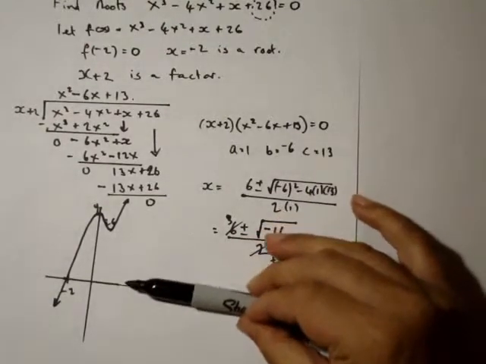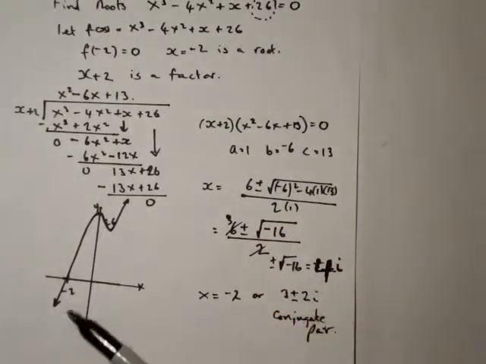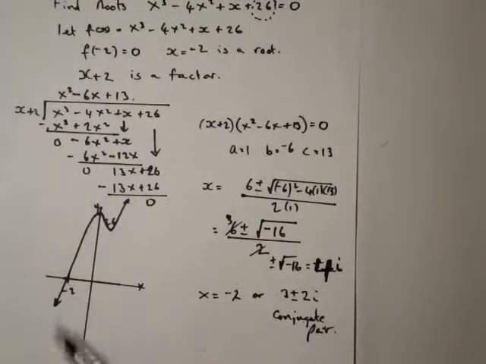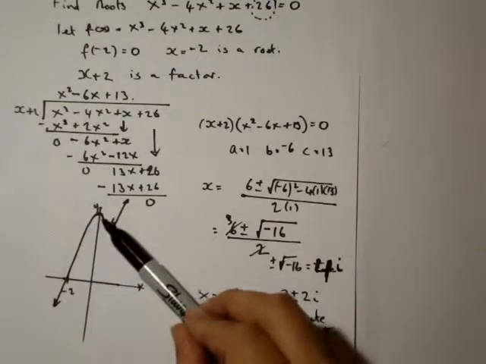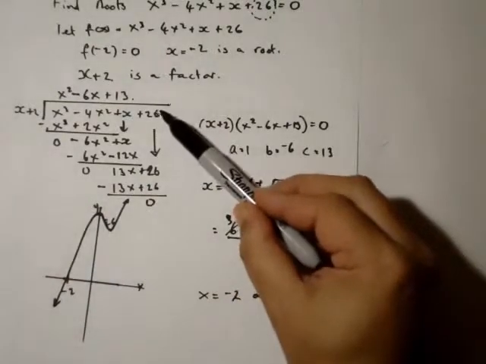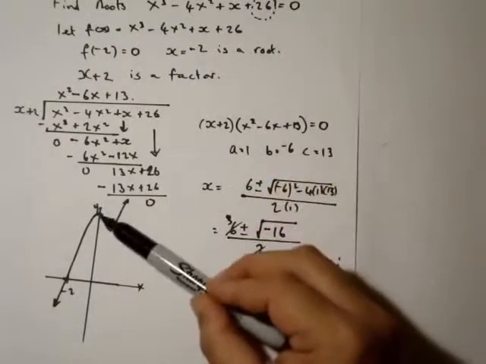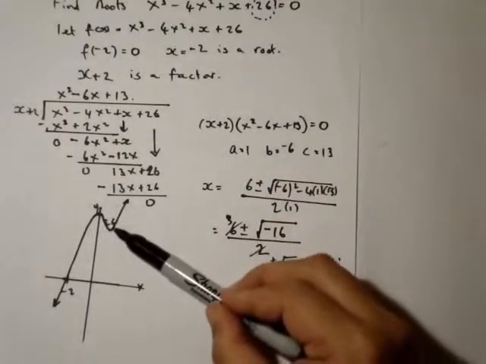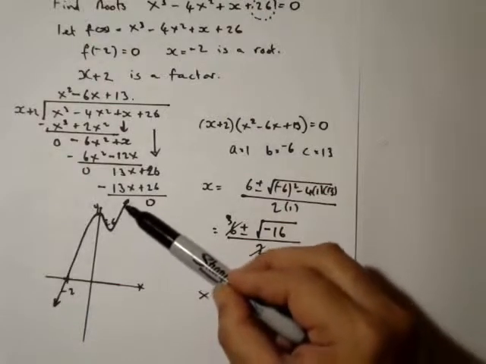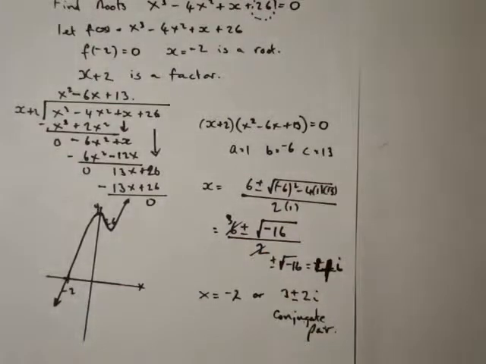When we draw this cubic out, we get it going through the minus 2 as shown here, and then going up through 26 on the y-axis, which is shown by this part of the equation. Then it comes down and doesn't have any other real roots, and then goes back up.